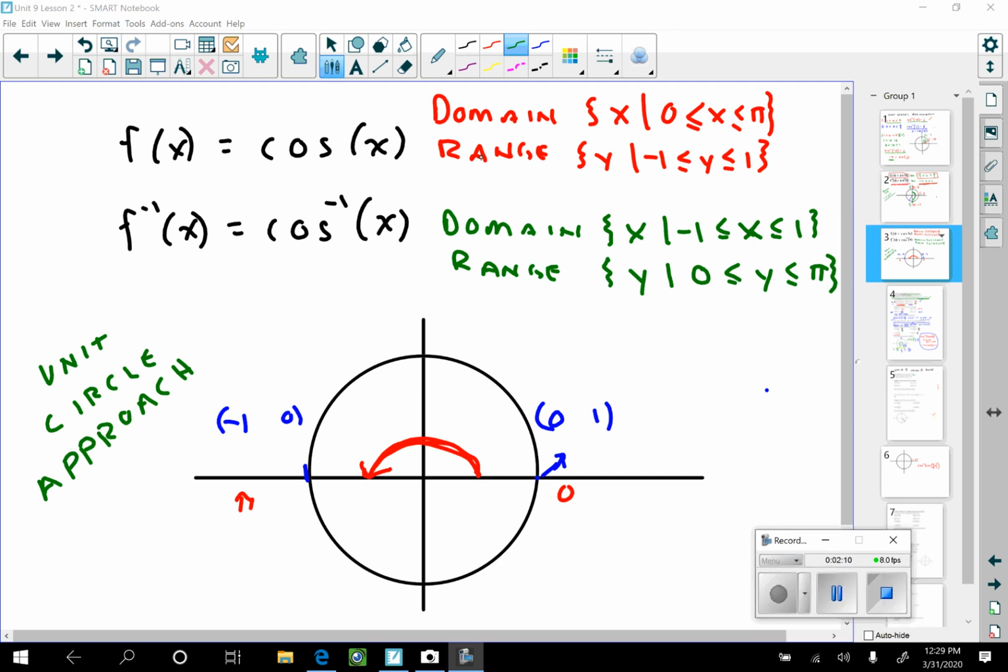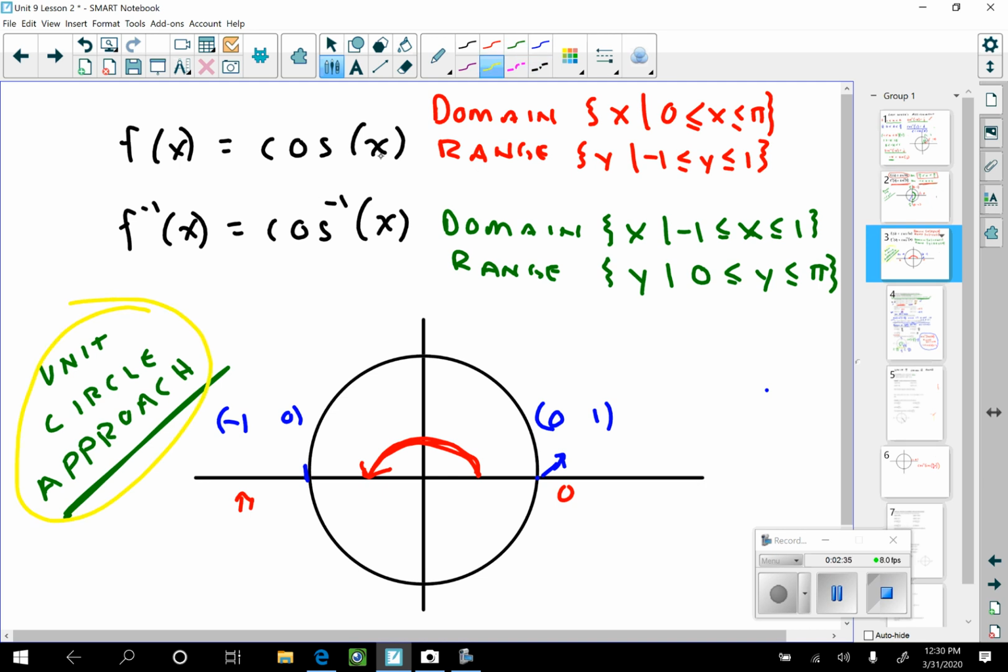So I had to restrict the domain of cosine to be between 0 and pi. The range was still going to be between -1 and 1. I'm doing this with the unit circle approach. I originally did a more graphical approach of cosine x, but now I'm going to look at the unit circle because we're going to use the unit circle approach on some of these problems.